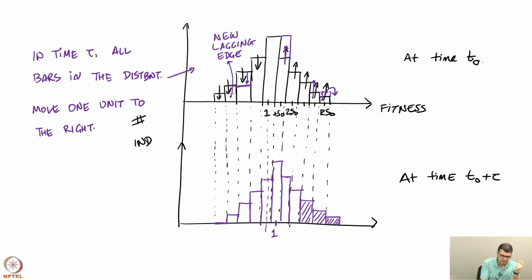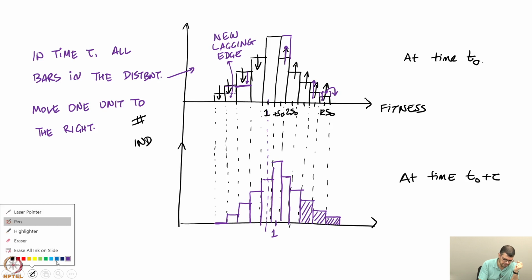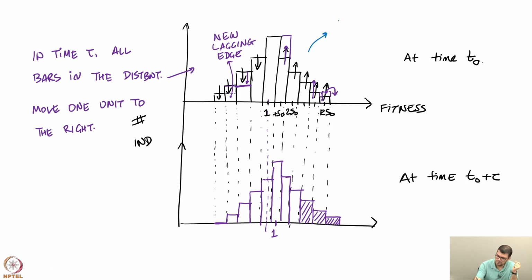What that means is that evolution in this context, where you have multiple genotypes coexisting, evolution in this type of framework can be looked at as a travelling wave.